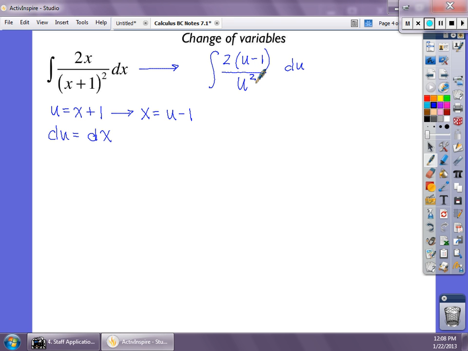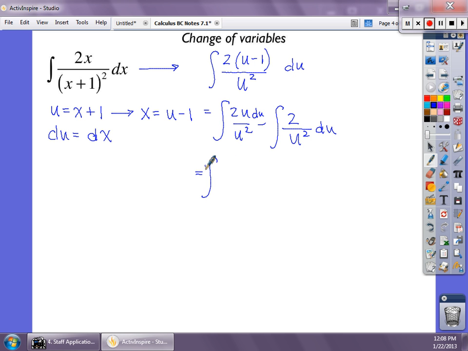Now we're just going to do a little simplifying. This will be the integral. We're going to distribute here, 2u over u squared du, minus the integral, whoops, forgot my du. Don't forget that. Minus the integral of 2 over u squared du. And now we're just going to simplify this integrand.